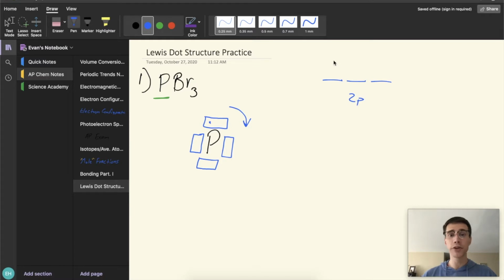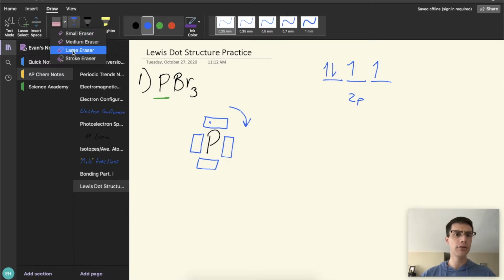Whenever we were filling it with electrons, we'd put 1 here, and then we'd move over to the next one. We aren't going to double fill this until we have to. That is the same thing that we're going to do with these boxes down here. I put 1 electron in the first, 1 in the second, 1 in the third, and then I would start all the way back at the beginning. If I had a 3rd electron, it would go right here.